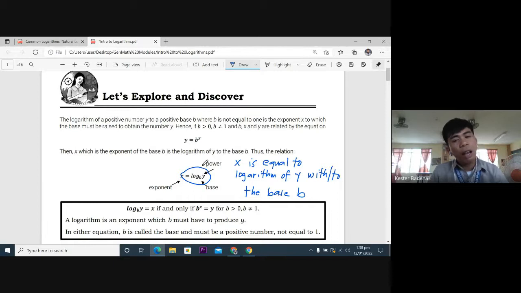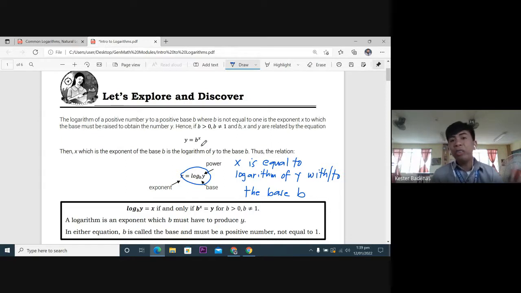So, we have logarithm of y with the base b, or logarithm of y to the base b. Again, if we have an exponential equation y is equal to b^x, when we transform that to its logarithmic form, we will have a logarithmic function defined by x is equal to the logarithm of y with the base b.